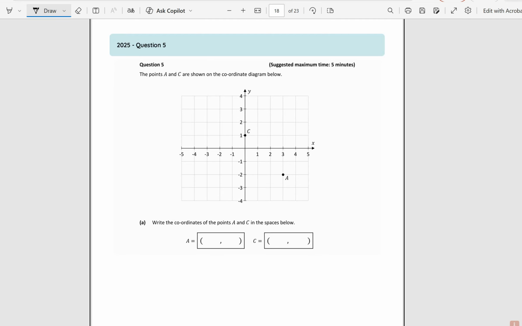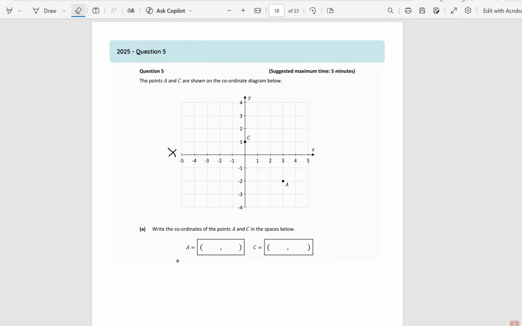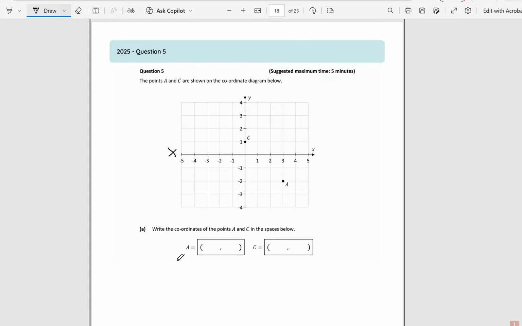Next one then, coordinate geometry. Remember the x value comes first. The x axis is the horizontal one. Right, so A is here. I think you're well able to do this, but let's do it anyway. So it's 3, minus 2. And C is here, and it's 0, 1.